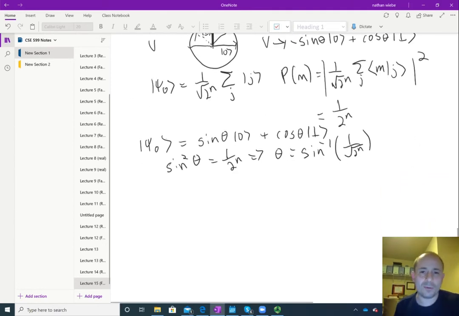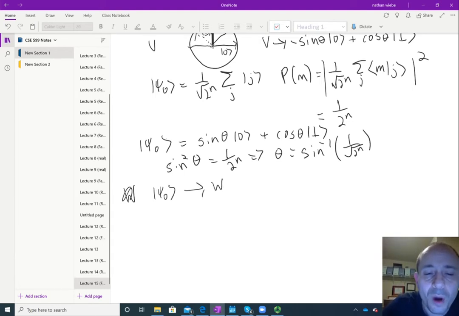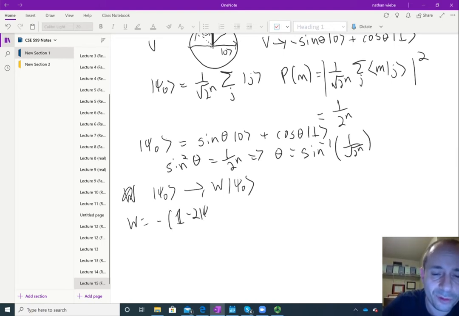So if we look at what's happening with the algorithm, again, we're applying the walk operator W to psi naught, taking psi naught to W times psi naught. And W is basically equal to negative identity minus 2 psi naught, times identity minus 2 m.